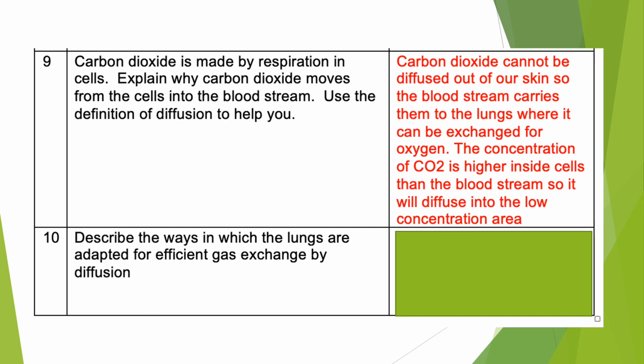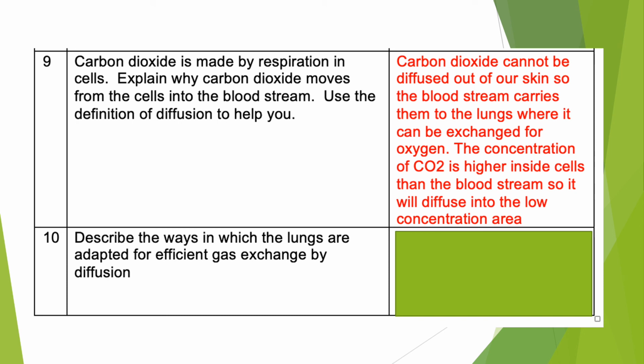The concentration of carbon dioxide is higher inside cells than the bloodstream, okay? Because the bloodstream mainly carries oxygen. So now you have a low concentration of CO2 or carbon dioxide in the bloodstream and a high concentration in the cell. So what does it do? It moves from high to low. So then it can diffuse into the lower area of the concentration. All right? So there you have it.